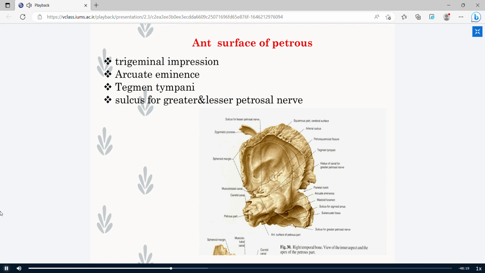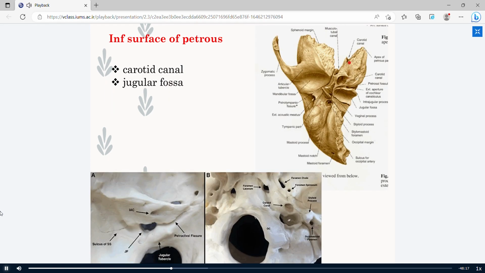And this is the inferior surface of the petrous. This is the petrous part, and this is the inferior surface. On the inferior surface of the petrous, there is a circular opening for the carotid canal.